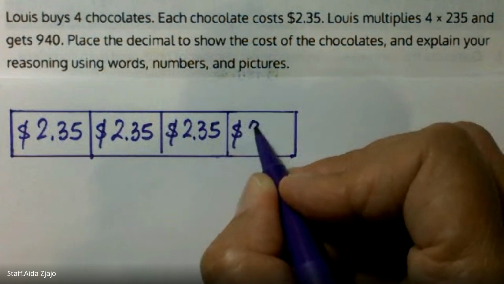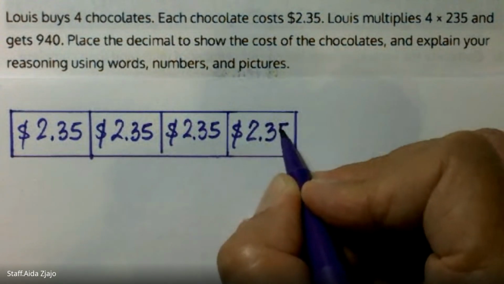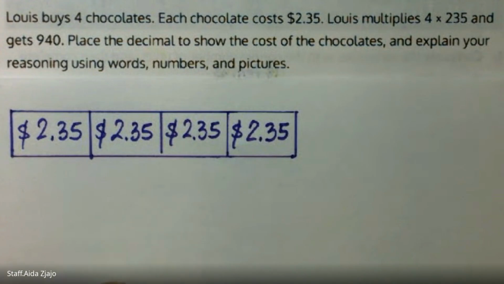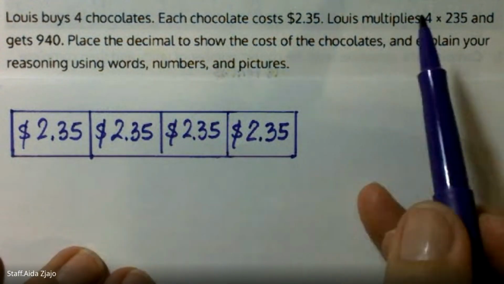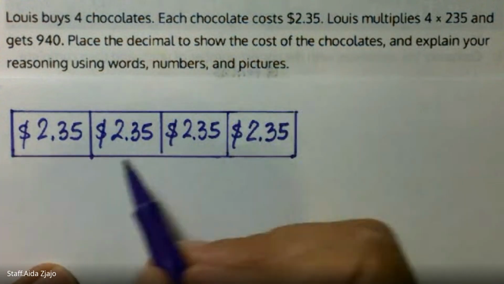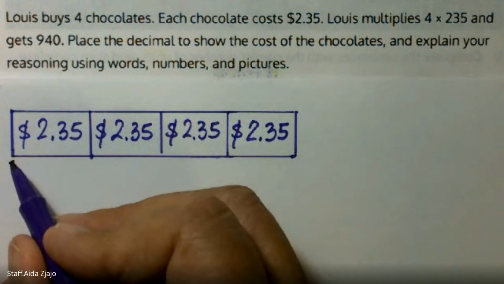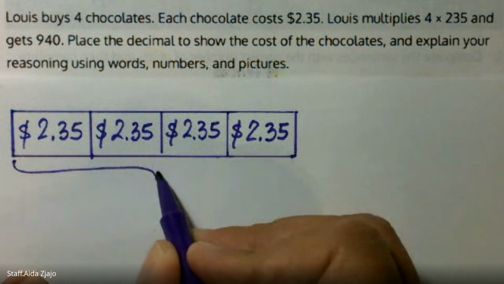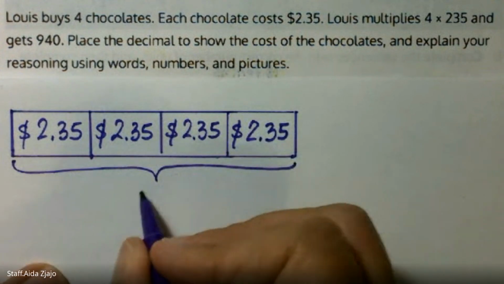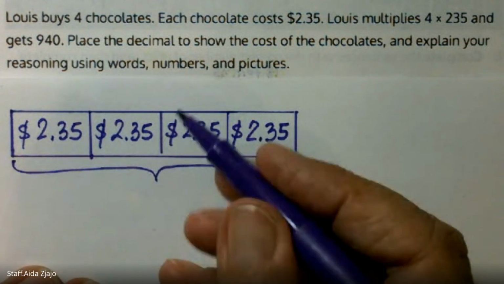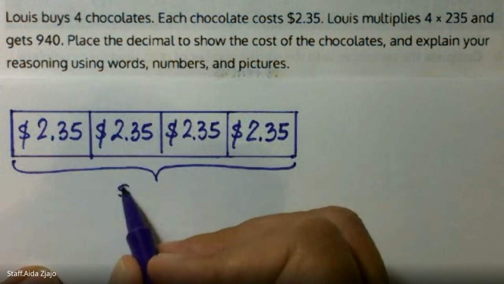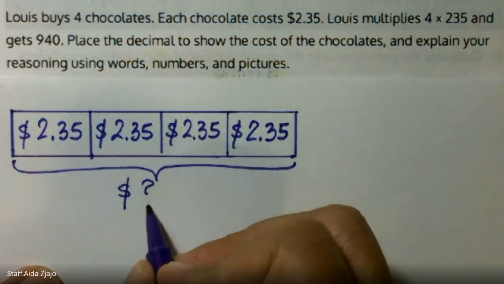And of course, if you use whole number addition, you can do multiplication because multiplication is repeated addition. So you can add all this to find the total cost of the chocolates. Okay, that's a question mark.